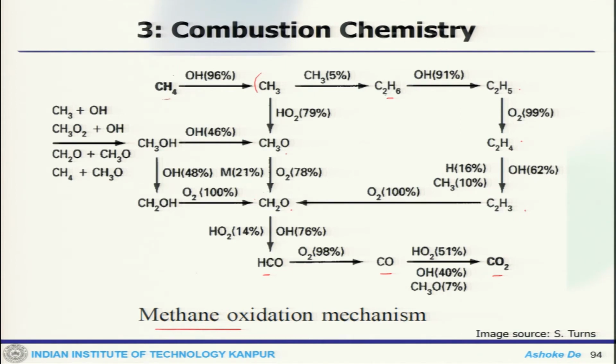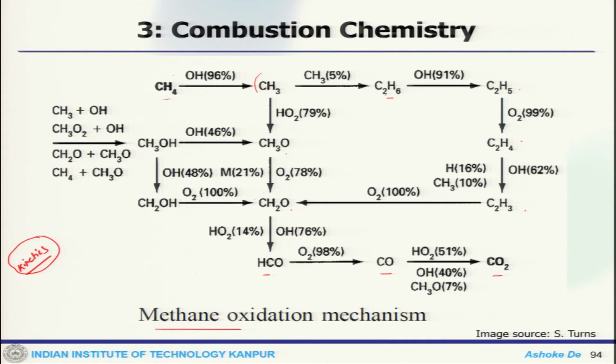Actually, as an engineer you would be interested to look at the kinetics only, because you need the mechanism so that you can handle or analyze your combustion process. But the kinetics itself is an area of research where people develop different kinetics.